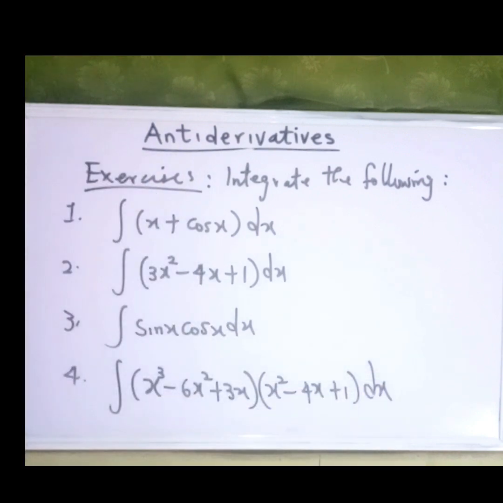So at your leisure time after watching the video, you can take these 4 questions as an exercise. We have chosen them based on what we have just taught in the video.